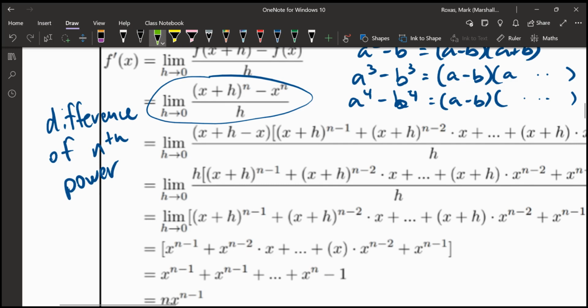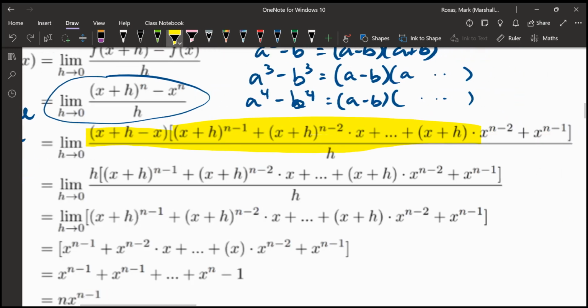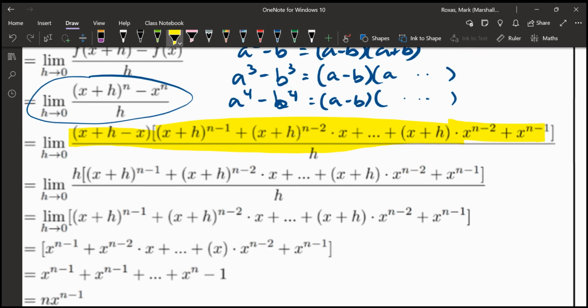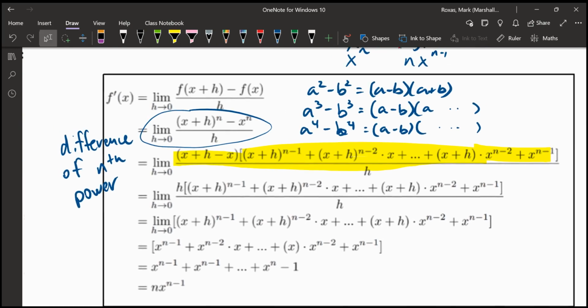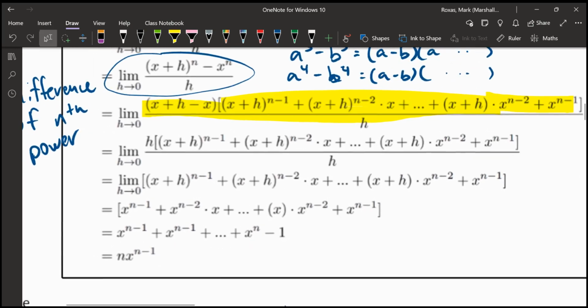And when you expand that, this is what you get. Okay, so I'm not going to require you to know that. I'm not going to ask you to use the first limit definition to prove x to the power of n, but you can certainly look that up if that's your interest. Okay, and we could talk more about it in class once I return. So that's what you get when you do that.